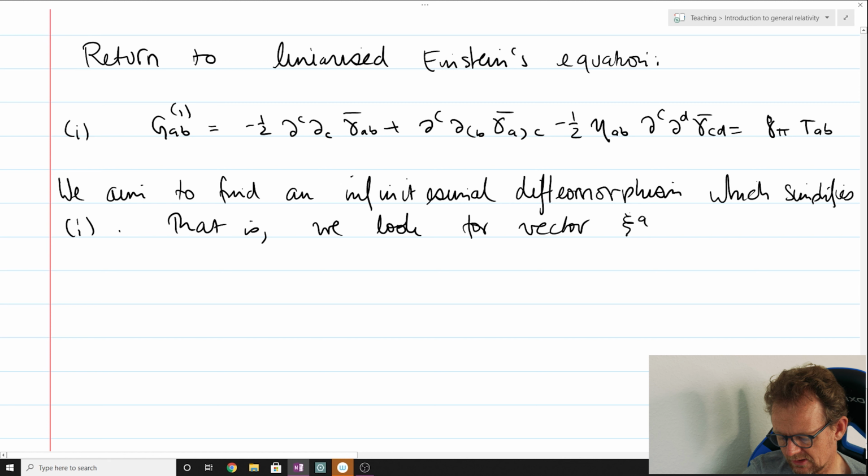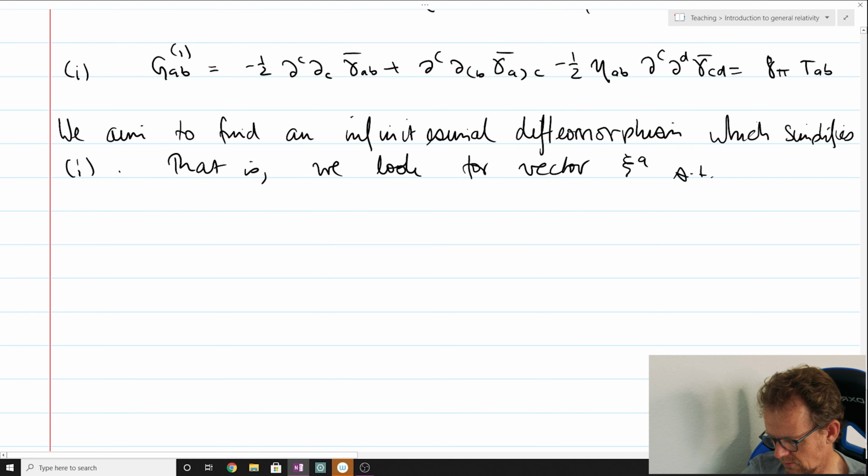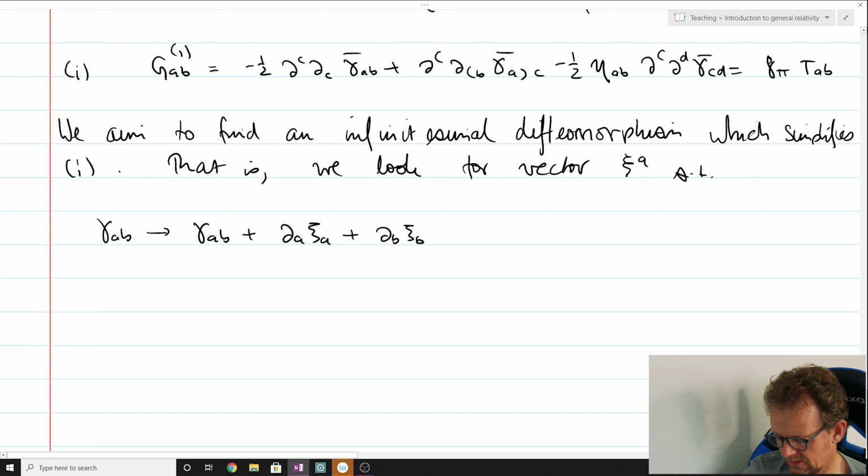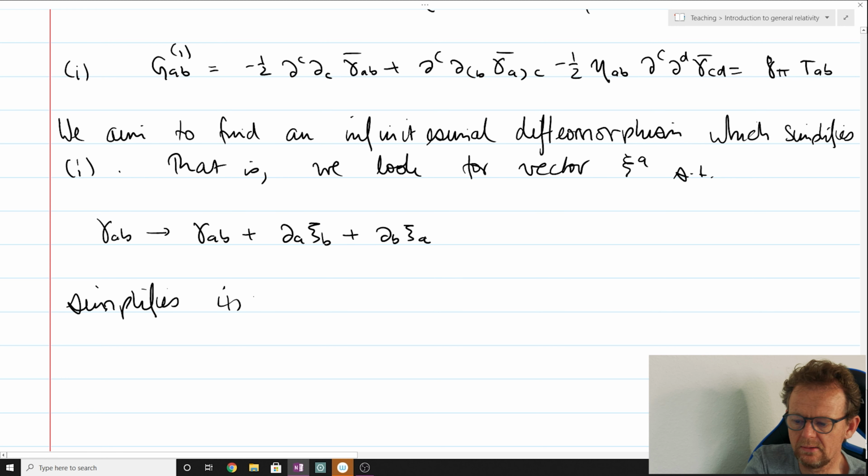Let's call this vector field ψ^A, such that when we do this gauge transformation, when we rewrite the metric in terms of the new slightly perturbed but gauge equivalent metric, the new metric simplifies equation 1. Okay, that would be pretty great if we could do that.